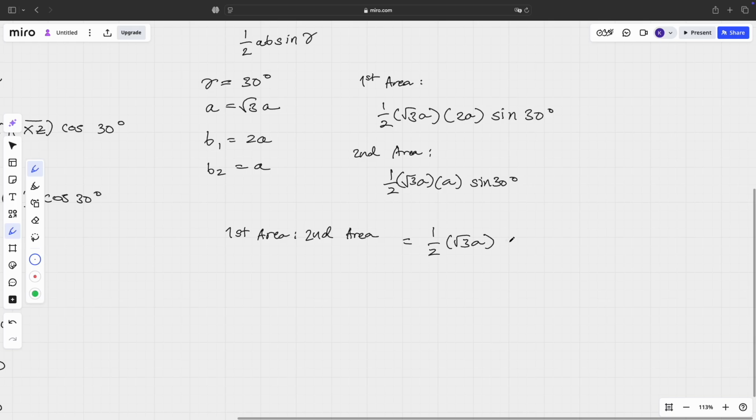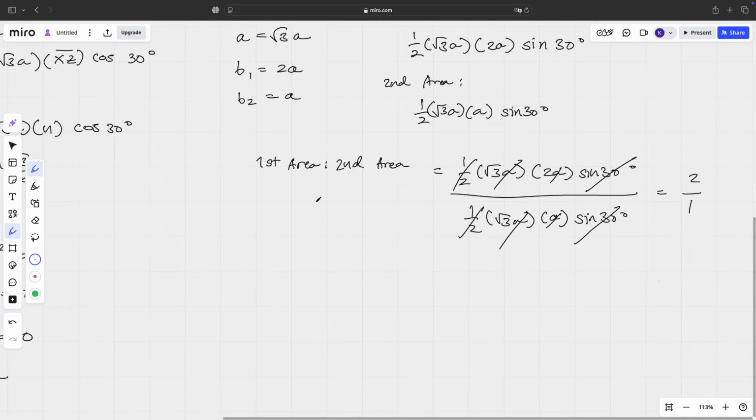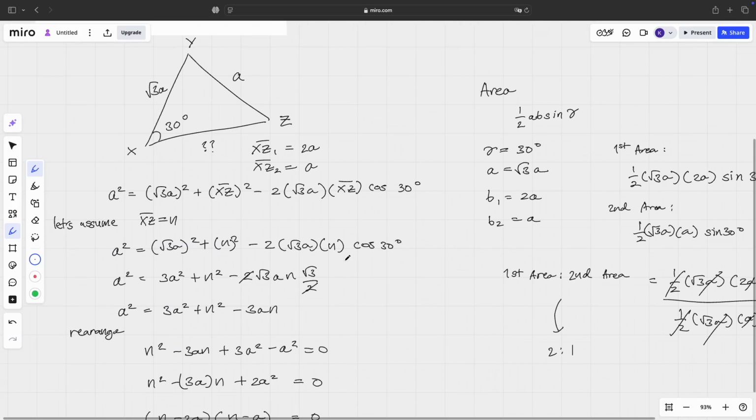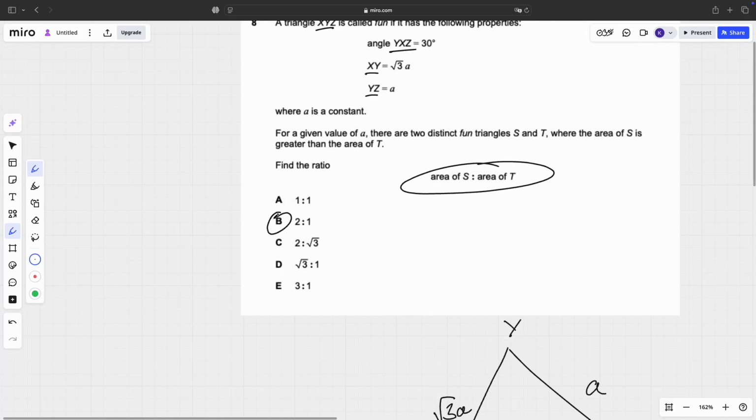We can just rewrite this, and we can just cancel the like terms. And so we have 2 over 1. So the ratio is 2:1. So our answer over here is B.